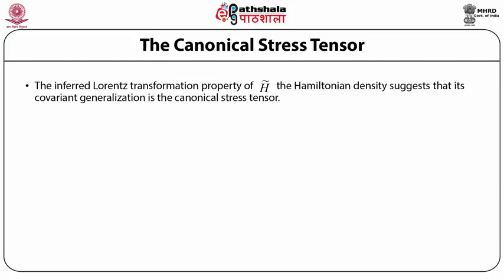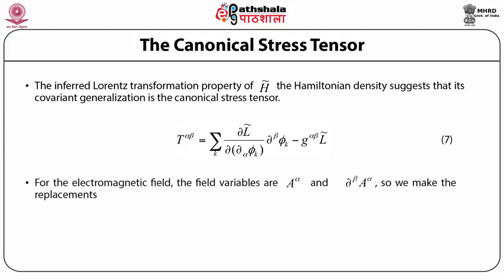The Lorentz transformation property of script H suggests that the covariant generalization of the Hamiltonian density is the canonical stress tensor T raised to power alpha beta, equal to summation over k of del L by del of (del alpha phi k) into del beta phi k minus g alpha beta L. For the electromagnetic field, the field variables are A raised to power alpha and del beta A alpha.